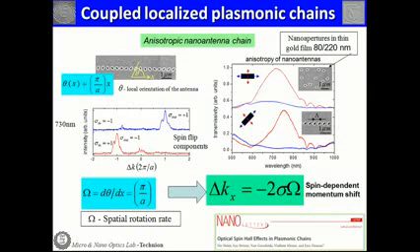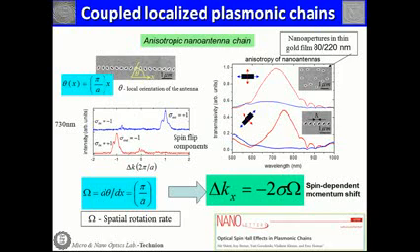We start here with the anisotropic nanoantenna chain. We realize the anisotropic nanoantenna as a rectangular nano-aperture upon a very thin gold layer, and we fabricated a single nano-aperture upon the very thin gold layer and measured the transmission spectra for the scattering through this device.